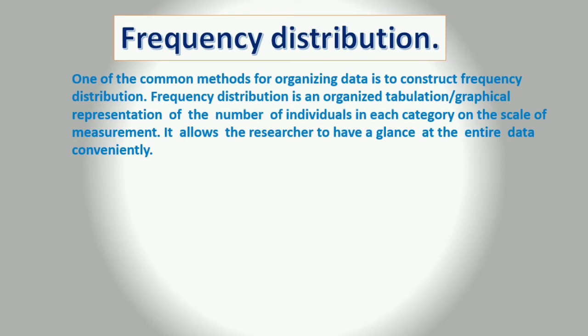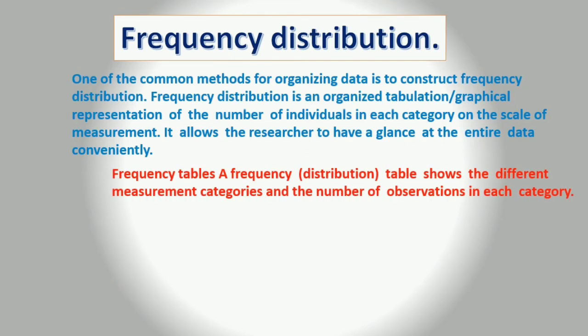It shows whether the observations are high or low, and whether they are concentrated in one area or spread out across the entire scale. Thus, it presents a picture of how the individual observations are distributed on the measurement scale.